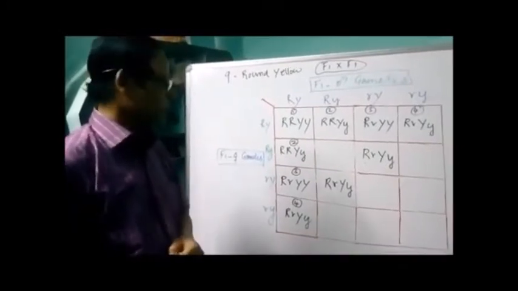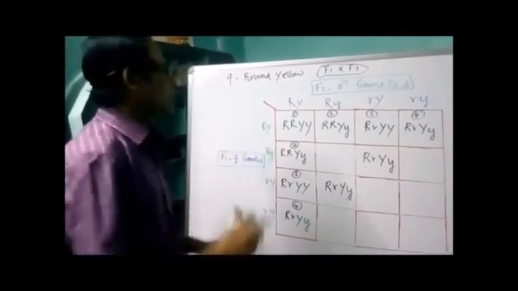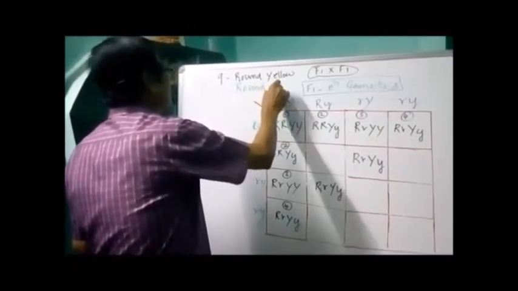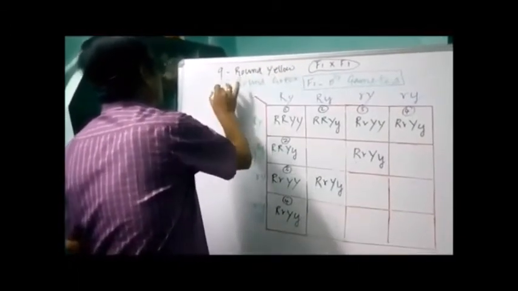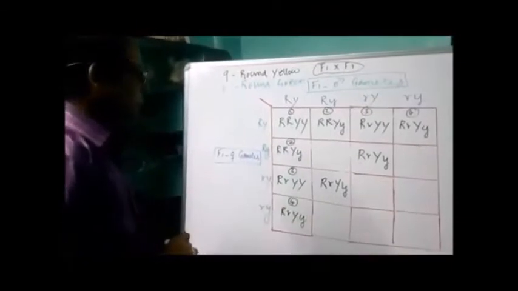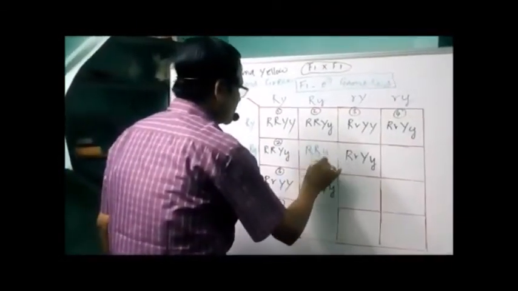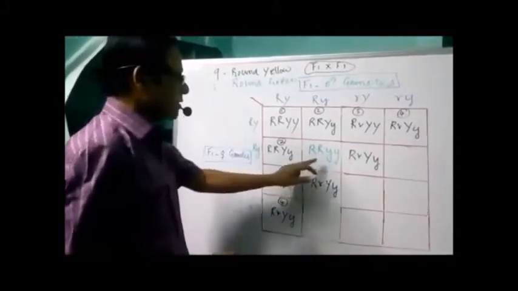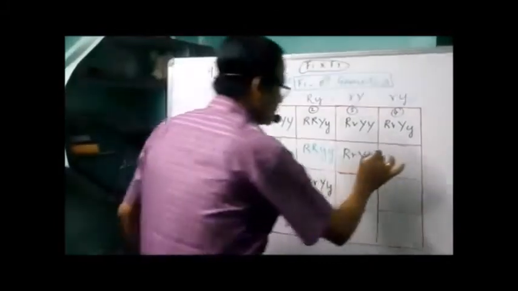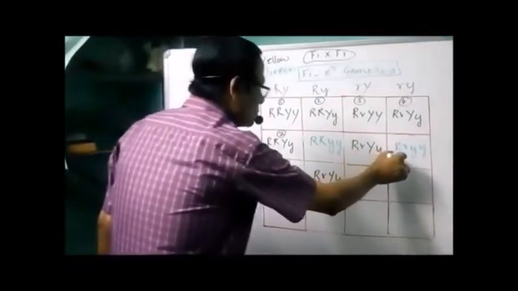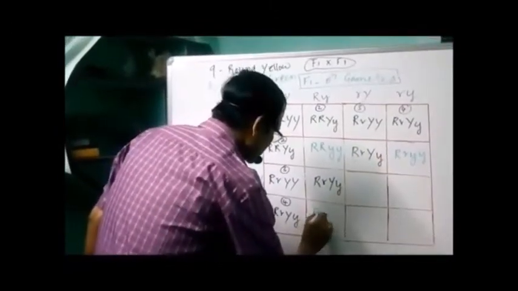Combinations we have 3, and all the 3 are round green. So I am getting 3 individuals round green. Now I am writing here, this is round green, both the genes are homozygous. And here you see that one gene is heterozygous and one gene is homozygous, the same as what we are getting here also.